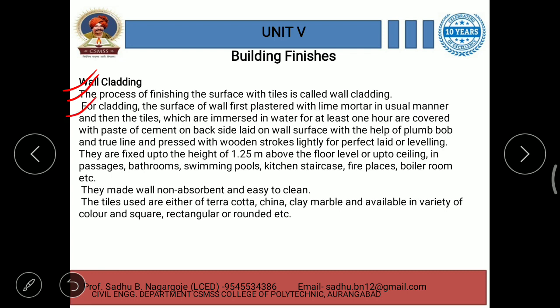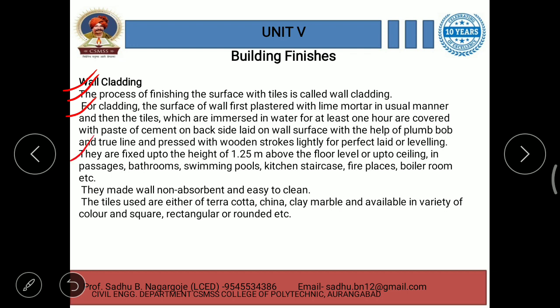For cladding, the surface of the wall is first plastered with lime mortar in the usual manner, and then the tiles, which are immersed in water for at least 1 hour, are covered with a paste of cement on the back side, laid on the wall surface with the help of plumb bob and true line, and pressed lightly with a wooden stock for perfect leveling.